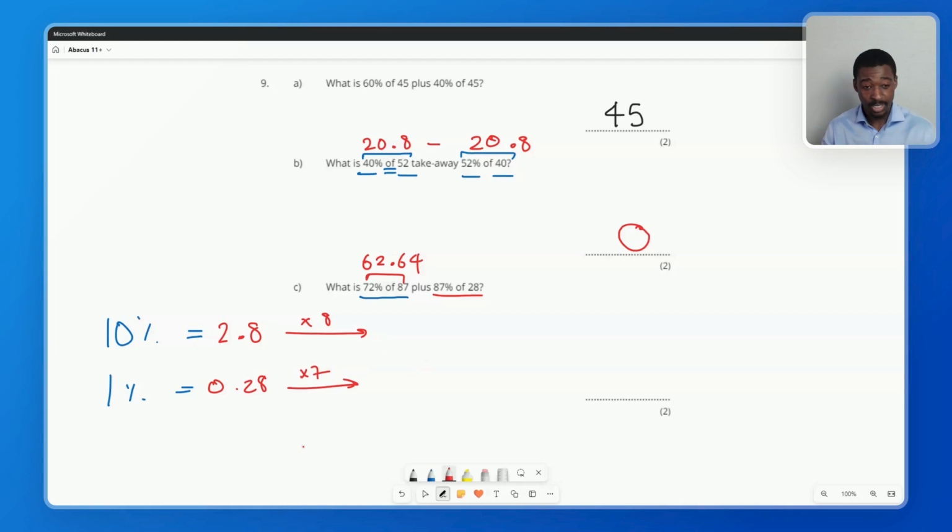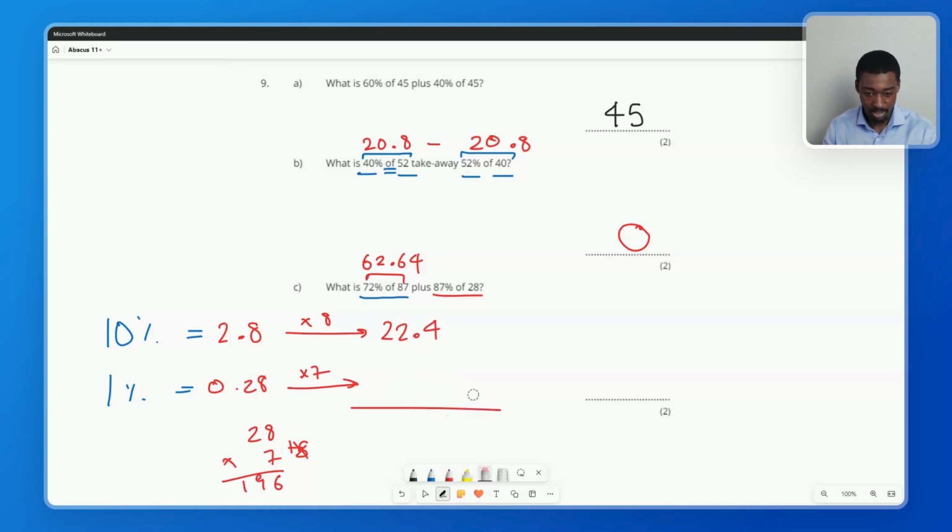So we have 16 plus 6.4, which is 22.4. And then we have 0.28 times 7. Let's do it manually. 7 times 8, 56. 2 times 7, 14, plus the 5, 19. So 1.96.